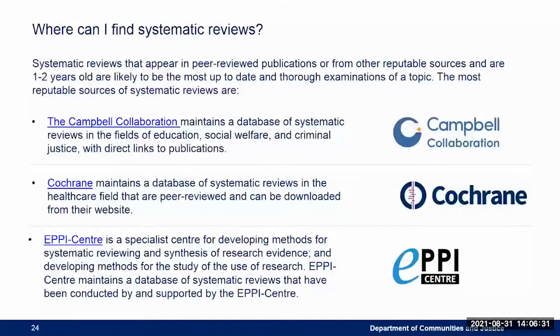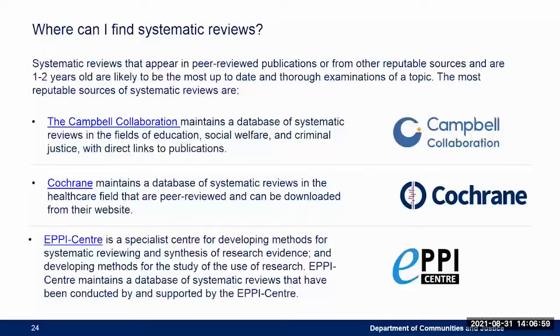I've talked a little bit about systematic reviews today. So where can you find systematic reviews? And obviously, the more recent, the better. Anything in the last 1 to 2 years is generally considered up to date and a thorough examination of a topic or a program. The best sources of systematic reviews are the Campbell Collaboration, Cochrane and EPPI-Centre.